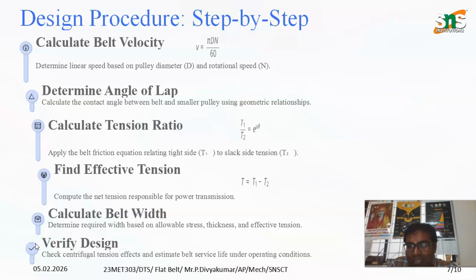For that, we have the formula available in the design data book: L equals 2C plus pi by 2 times (D plus d) plus (D minus d) whole squared divided by 4C, where capital D is the diameter of the larger pulley and small d is the diameter of the smaller pulley. We also need to consider design considerations such as proper pulley alignment, accurate initial tension, finding the arc of contact factor theta, avoiding excessive slip, and having good ventilation.